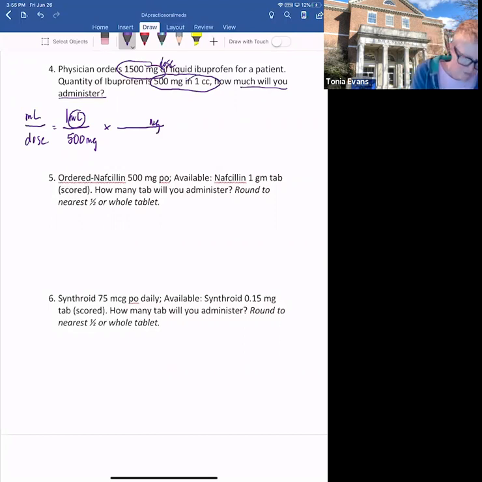And I have an order for 1,500 milligrams per dose. So that cancels out my milligrams. I've got milliliters and dose left. And I'm going to multiply across the top, divide across the bottom, which in this case will just be 1,500 divided by 500 equals 3 milliliters per dose.